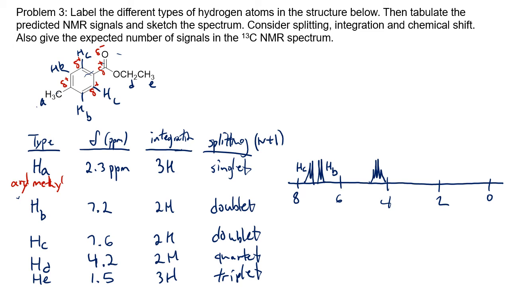And then we have HA at 2.3, and that's a singlet, 3 H's. And finally, that's 3 H's, so it's probably going to be a little bit taller than that. HE is going to be around 1.5, and it will be a triplet. That is 3 H's. Oh, I guess the other one was 2 H's.